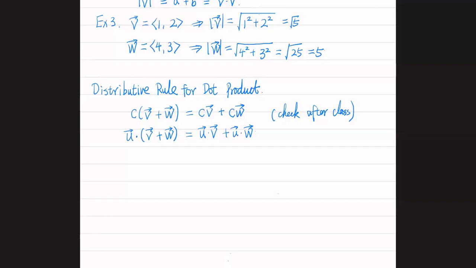Let's put two vectors over there, one vector V, one vector W. Given two vectors, we can measure the angle between them. This angle is closely related to our dot product.